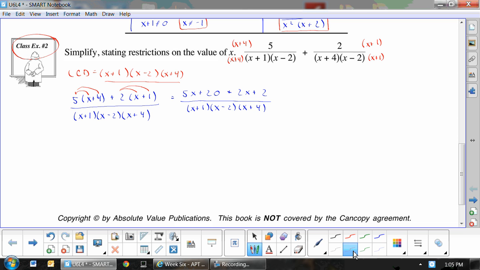All we have to do is gather our like terms on top. We have 5x and 2x, so that's 7x plus 22. And then we have no GCF in our numerator, so we can't factor it anymore.